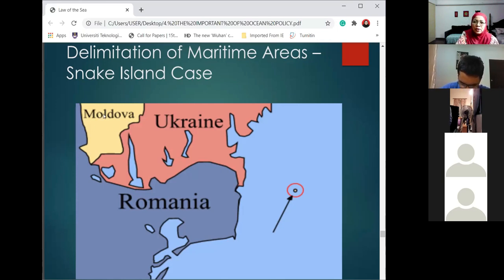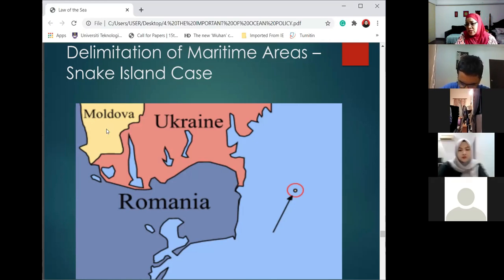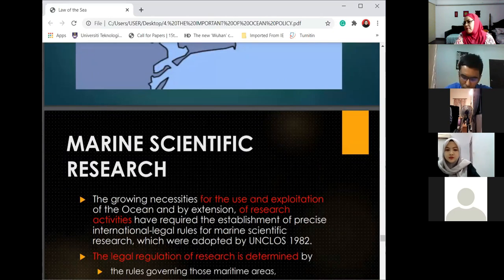The United Nations Law of the Sea Convention 1982 guarantees that Moldova will have the right to enjoy the sea, just like Botswana in Africa and many other countries in Africa that don't have the sea.